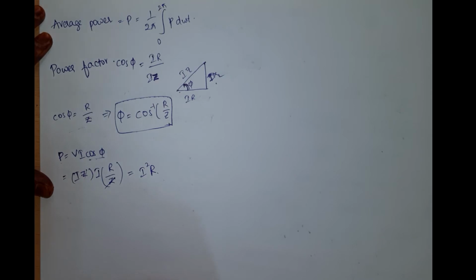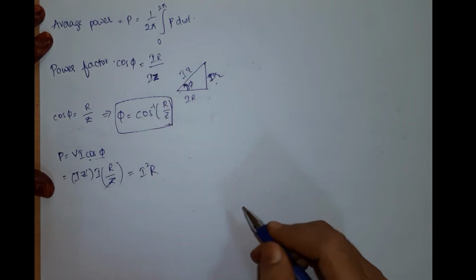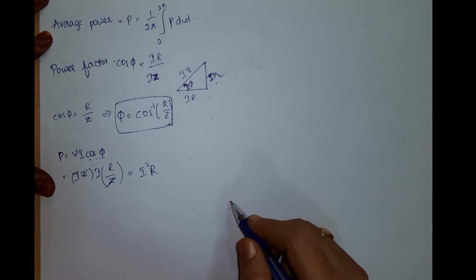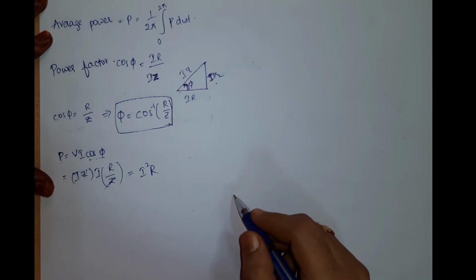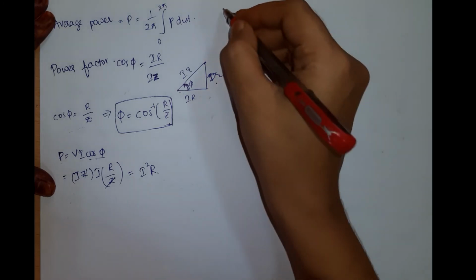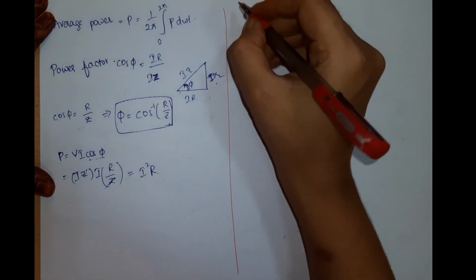So this is one more formula obtained for power, that is I square R. So these are the different parameters of a series RL circuit. Now we need to introduce one more term here, called the quality factor of a coil. Let us see what the quality factor of a coil is.